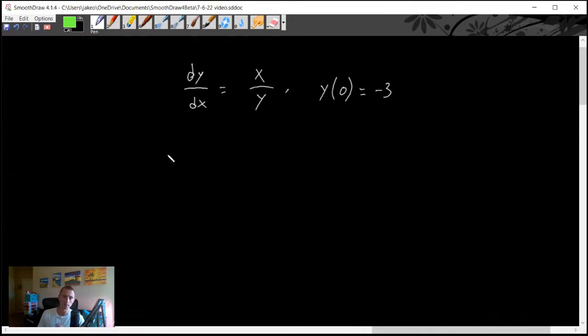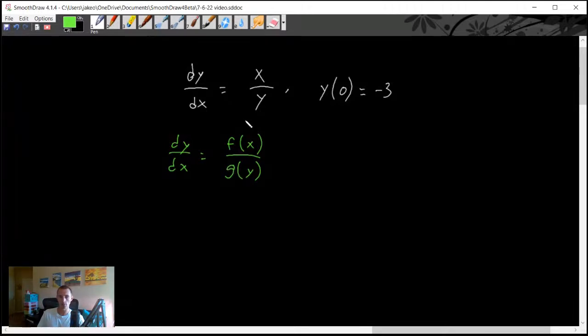Is it already in the separable differential equation form? Or if not, can we get it into that form? Well, in this case, we actually do already have one of the separable differential equation forms, which is if we have some function of x divided by some function of y. Okay, so we've already got it in the right form that we want, which is great.